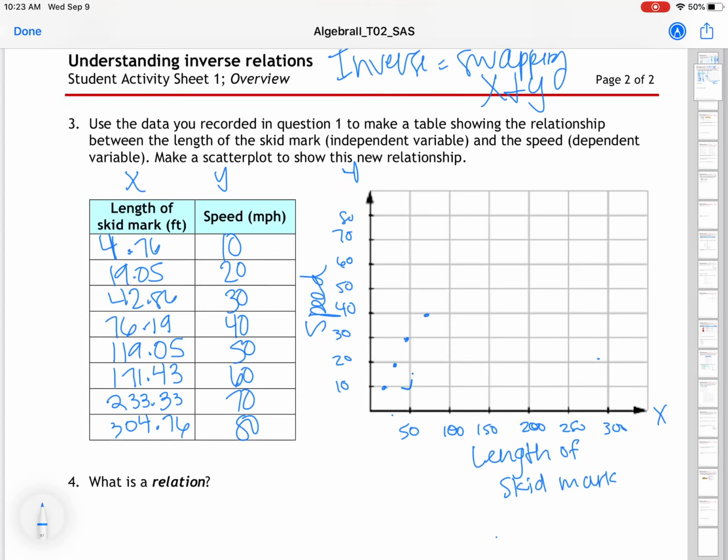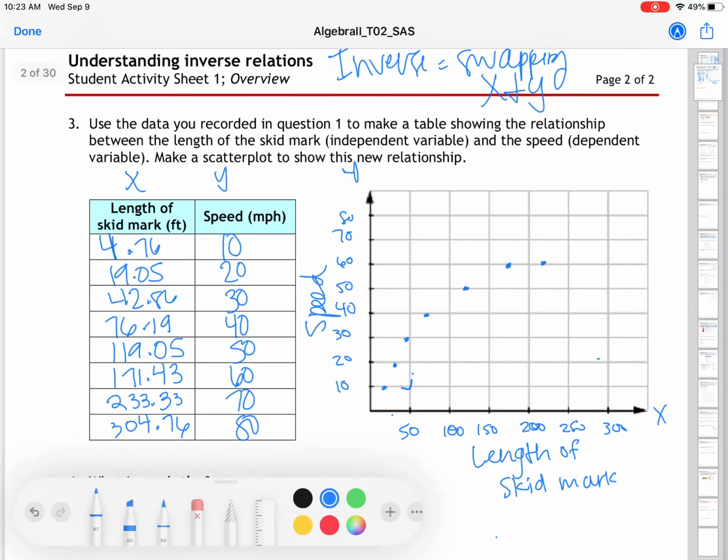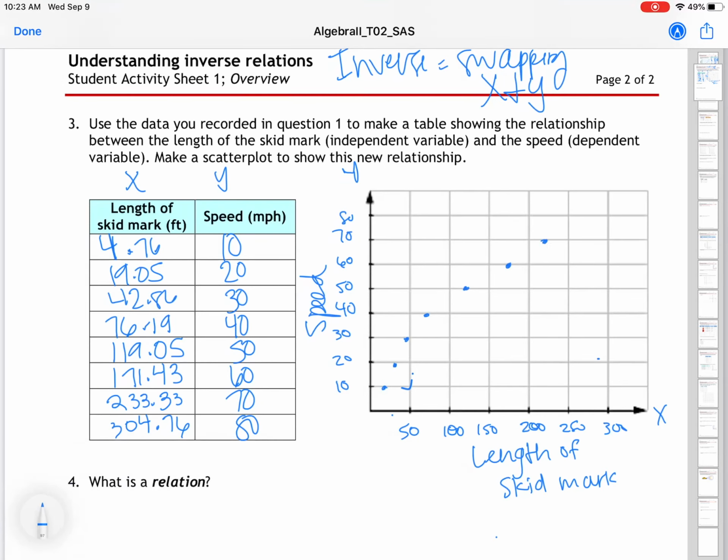Here, then here, and then here, and then maybe right here. 60 is... we got something like this.